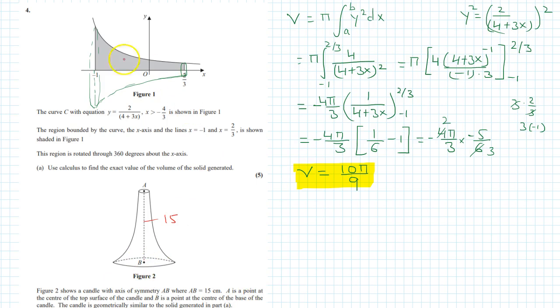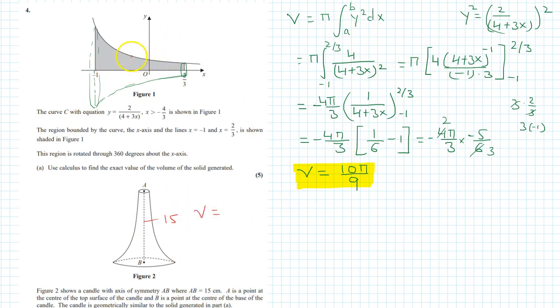Here it wants to say that the volume of the candle is exactly equal to the volume of this solid of revolution, which rotated through 360 degrees. The candle is geometrically similar to the solid generated in the part. Find the volume. So what is the volume of this candle?